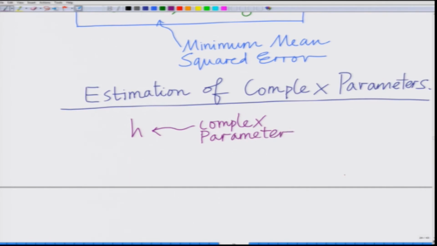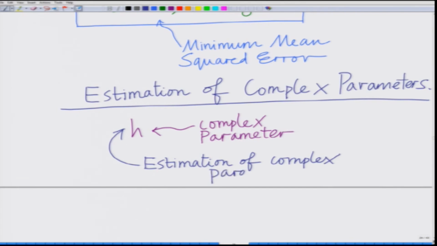So, consider the estimation of a complex parameter h.